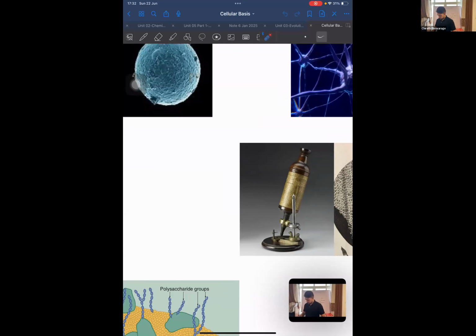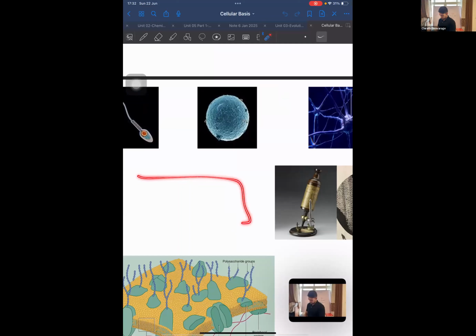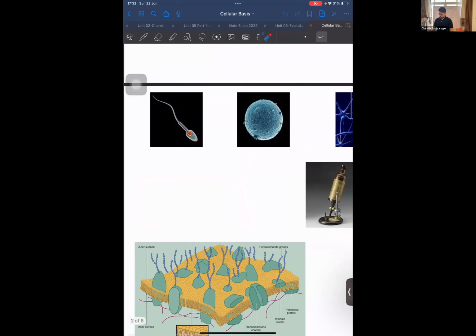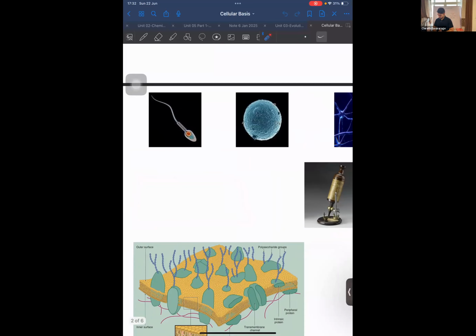So please write down here in this space that I have given. If you don't have the tute, please write down on a bit of extra paper and then take it to the tute when you have the printout, right?